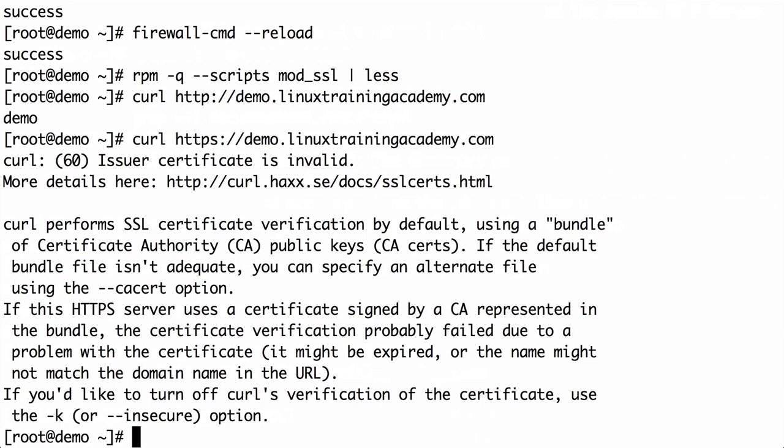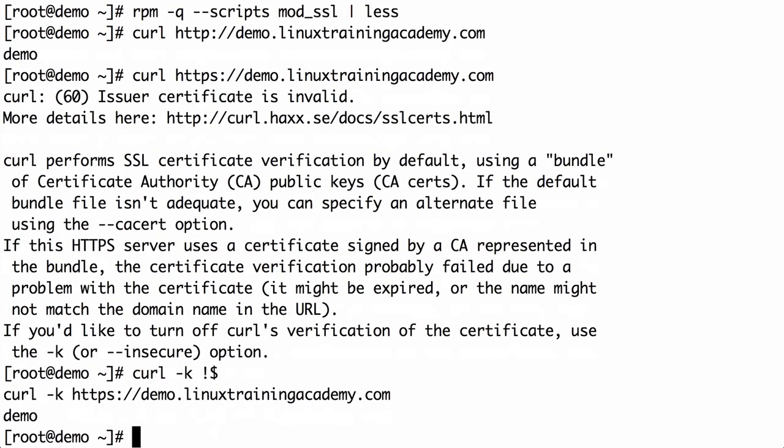Here it gives us some instructions to ignore this error if we want to. So we can use curl -k and then provide the address again. By the way, I'm going to use a little shortcut here, which is exclamation mark, dollar sign, and hit enter. That exclamation mark dollar sign is what Bash calls an event designator. This particular event designator says, give me the last item on the previous command line.